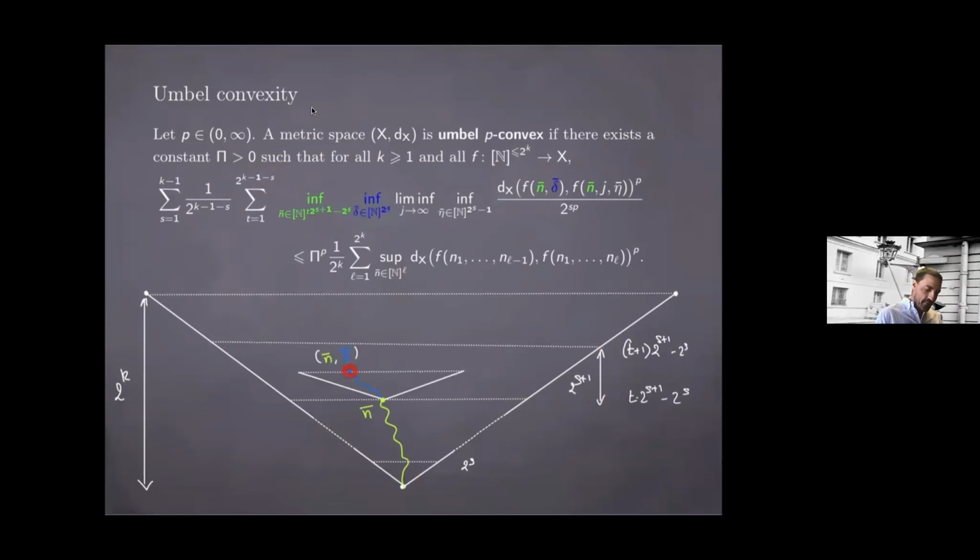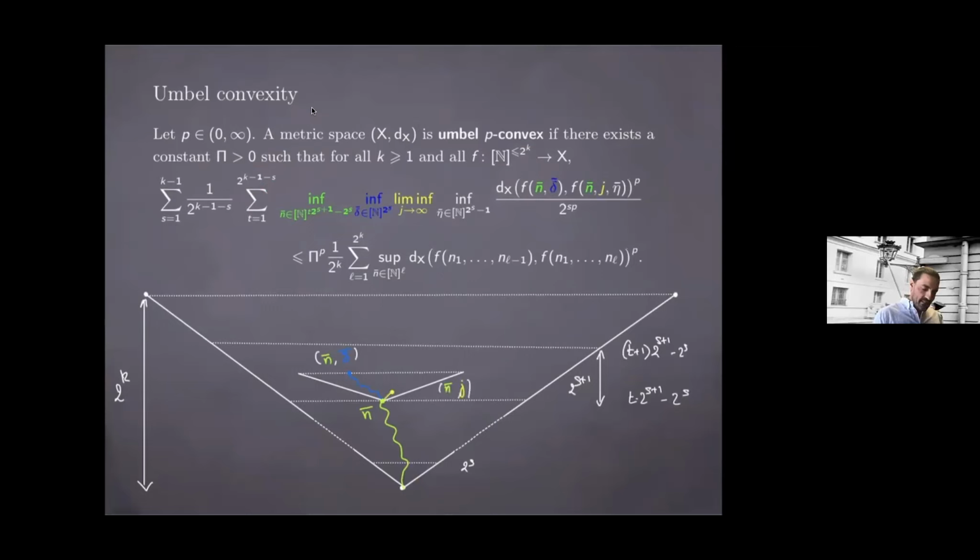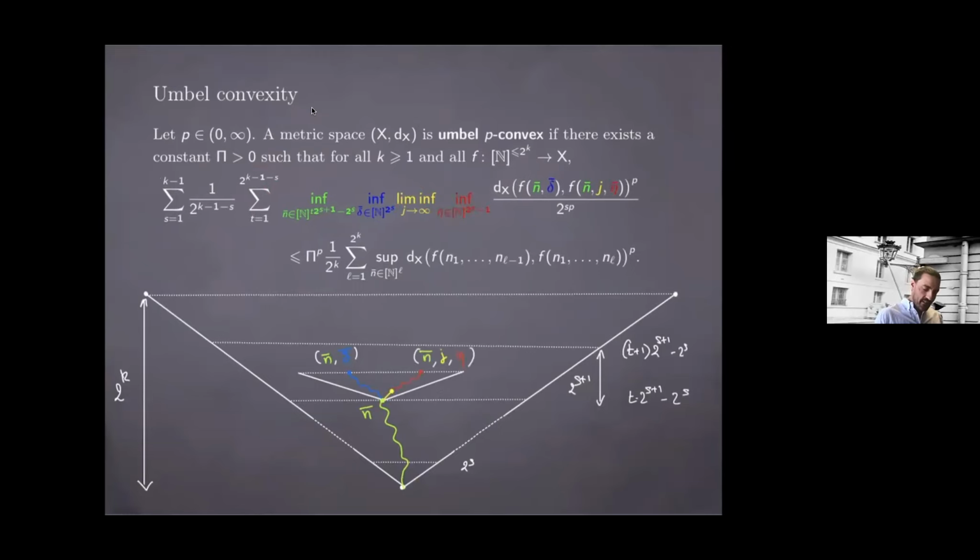You take a vertex that is 2 to the s levels above, where s is the scale. Then you pick a direct neighbor here that is one level above. So this is j here. And finally, you complete the fork by picking a vertex here that is at the same height as this one, right?